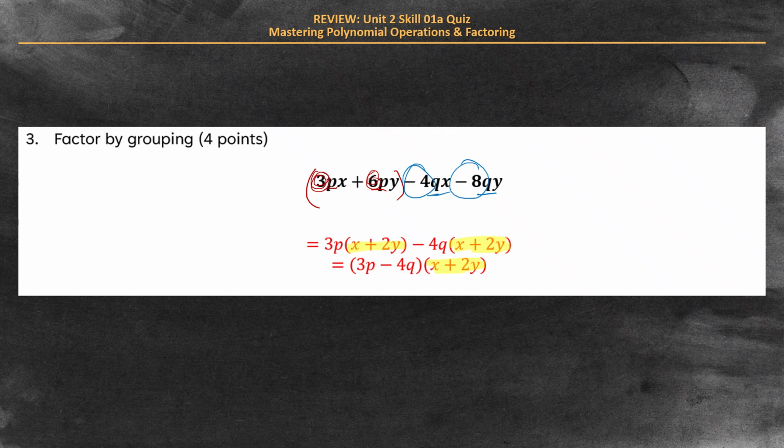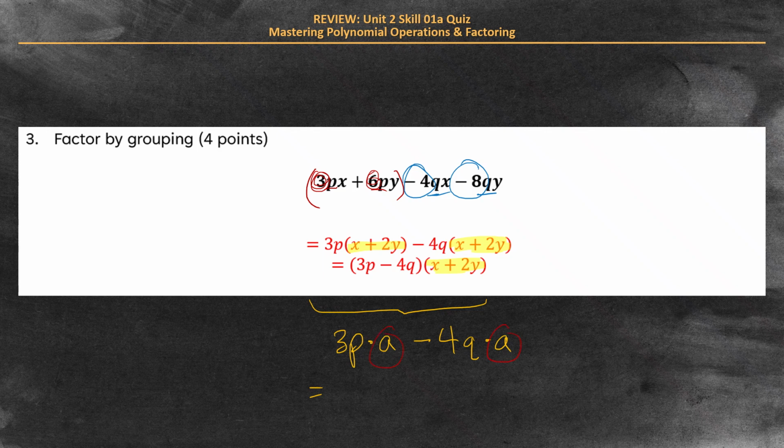Now, another way of looking at this is, let's say we have 3p times a minus 4q times a. Then how would you take out this a value here?